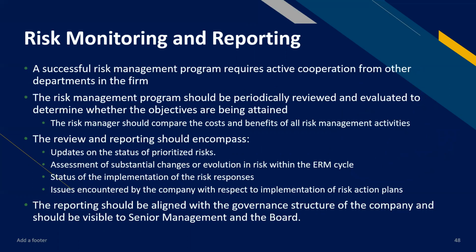A successful risk management program requires cooperation from all departments in the firm. The program needs to be reviewed and evaluated regularly, and the review and reporting should encompass updates on the status of each risk, assessment whether there was evolution in the risk, nag-change ng severity, nag-change ng frequency, status of the implementation of risk responses, and highlighting of issues encountered by the company to implement the risk action plans.